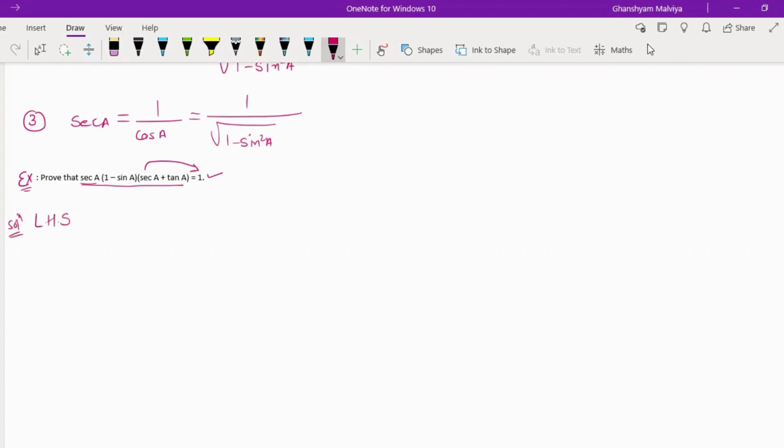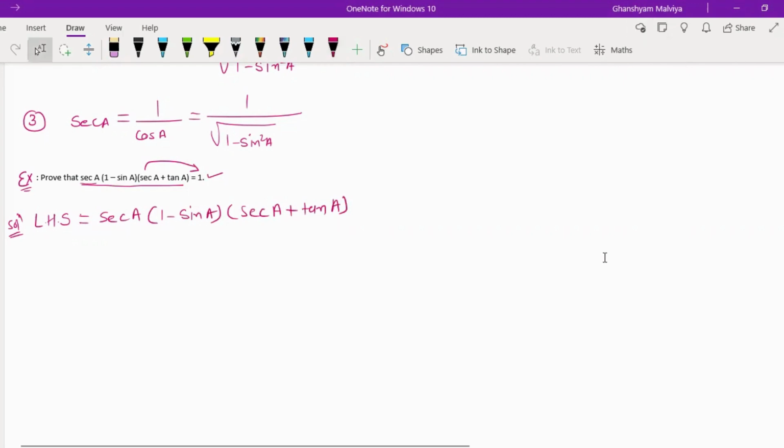You have the LHS here: sec A into bracket 1 minus sin A into sec A plus tan A.